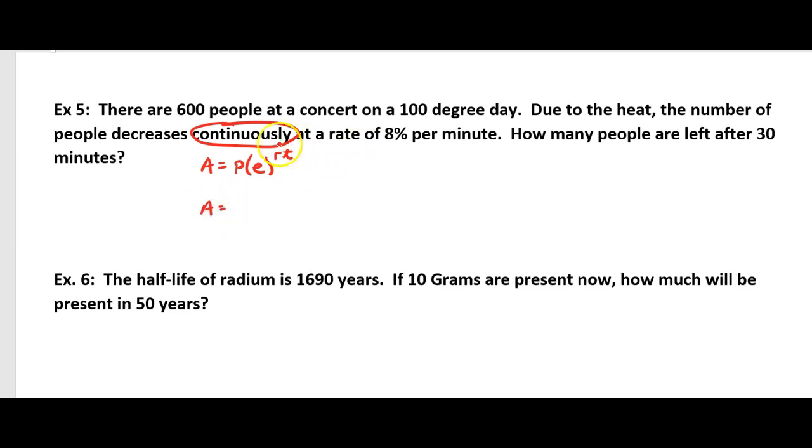So, how many people are initially at the concert? 600 times e. Now our rate, since it's decreasing, is negative 8% or negative 0.08. So this is going to be raised to the negative 0.08 times how many minutes? 30.